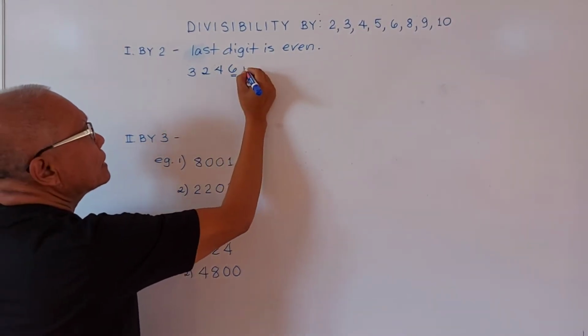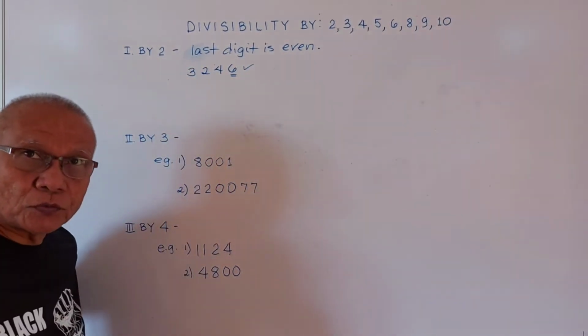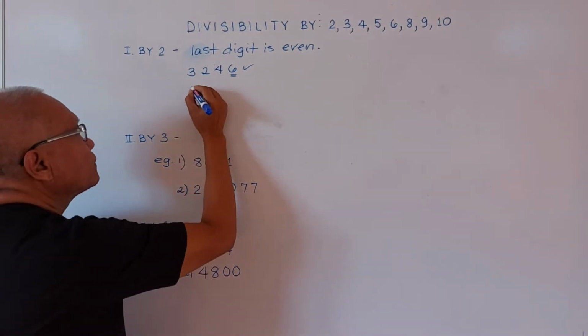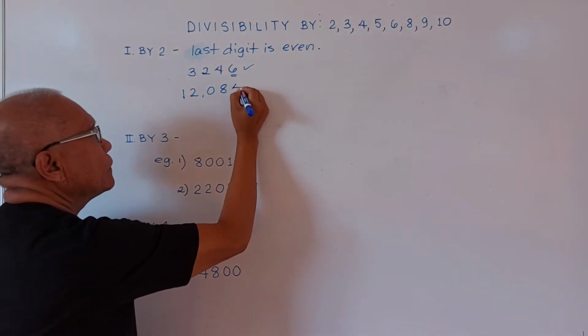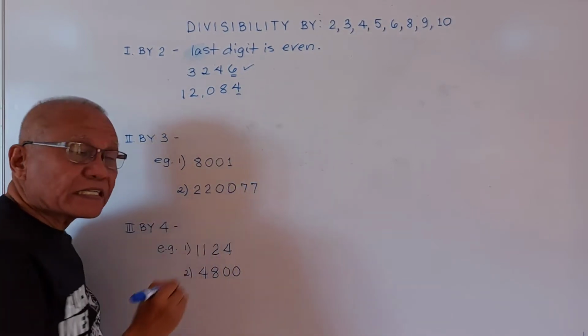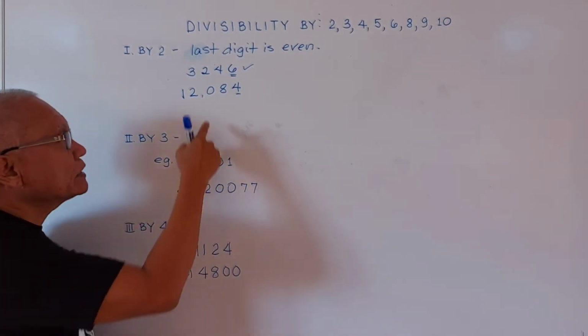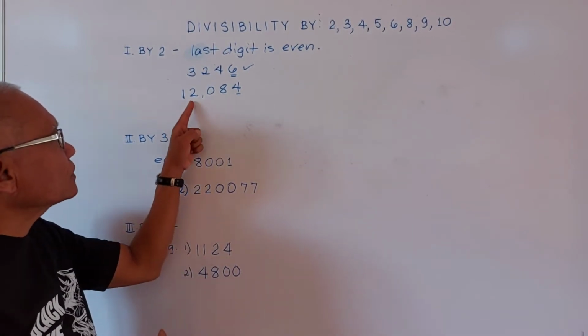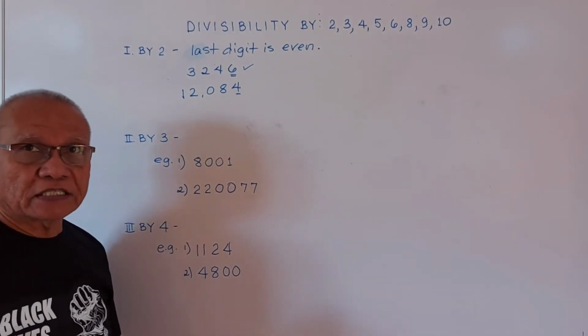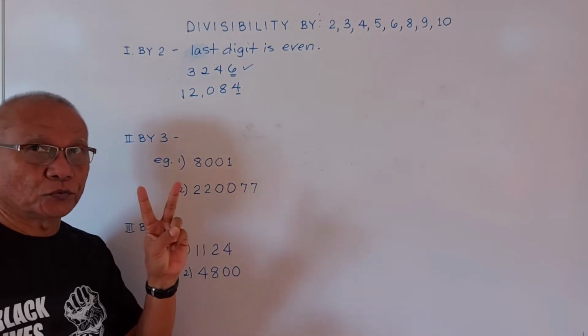Therefore, this one is divisible by 2. If we have 12,084, the last digit is 4. This is an even number. Therefore, this 12,084 is divisible by 2.